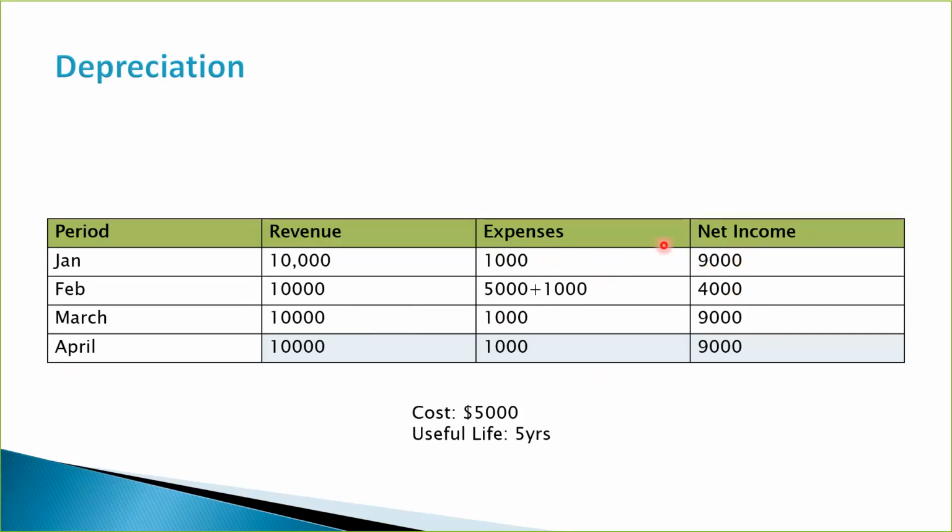So if you think about it in this sense, what might be the effect on the maybe financial statements of this company? It might show that in February they had very low profits, even though they're using this machine, let's say it's a vehicle, for the next 5 years.